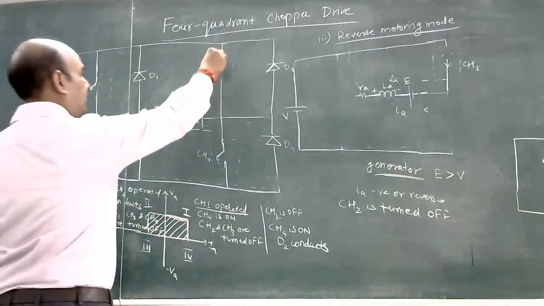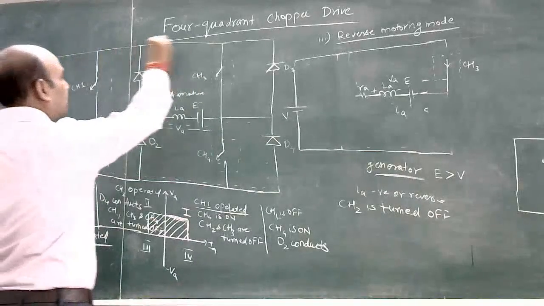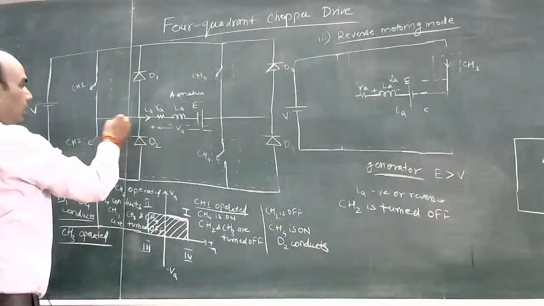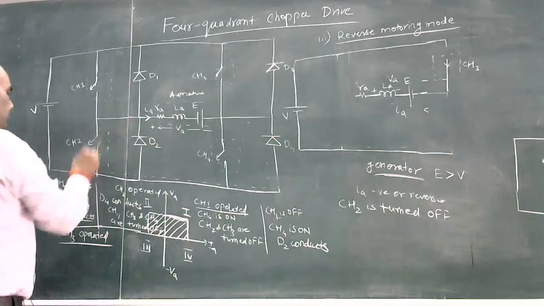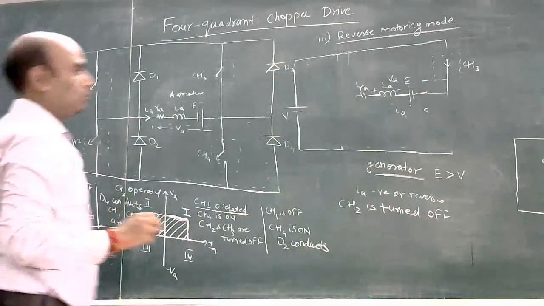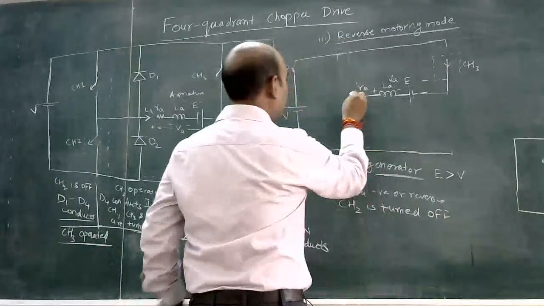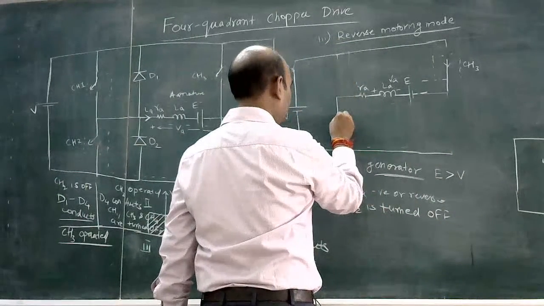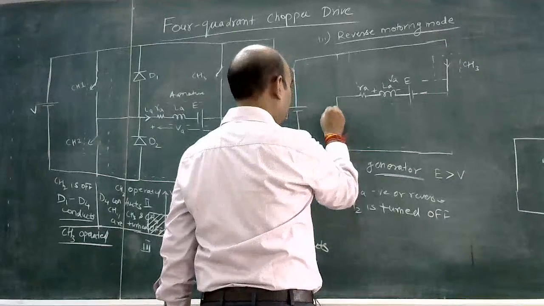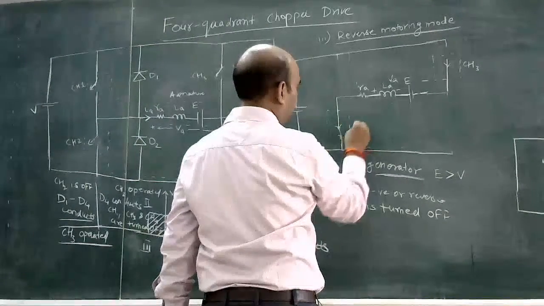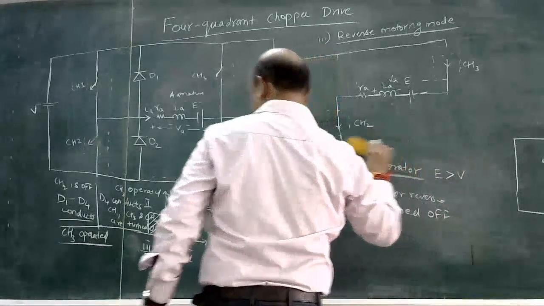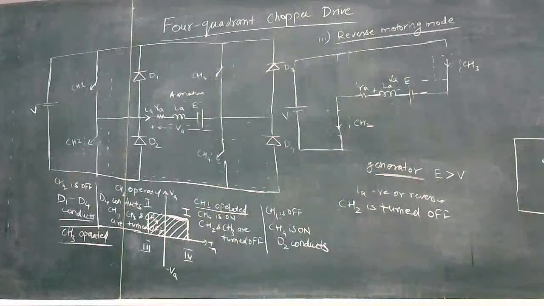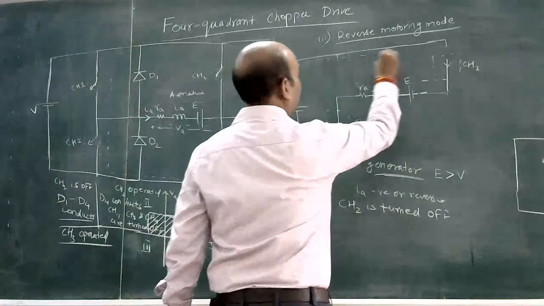And when CH3 is closed, current will start flowing from CH3, and the only path where this current can flow is by closing this CH2. So we will turn on CH2, and current will flow like this.